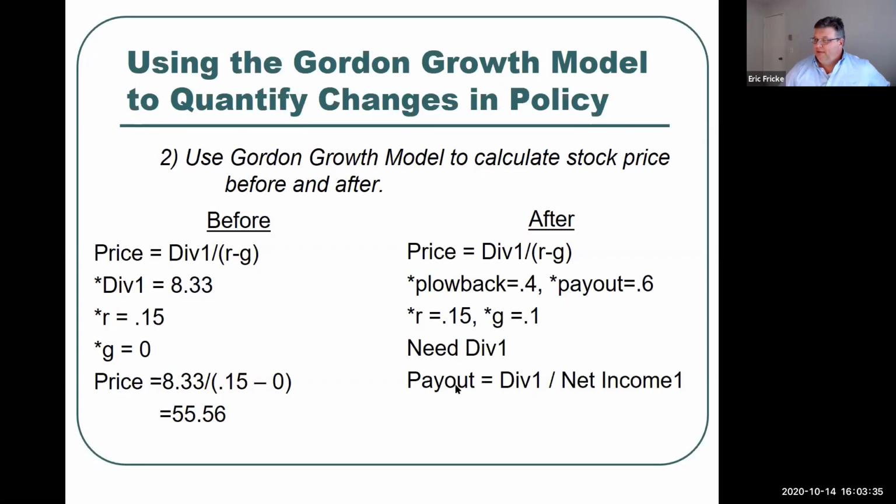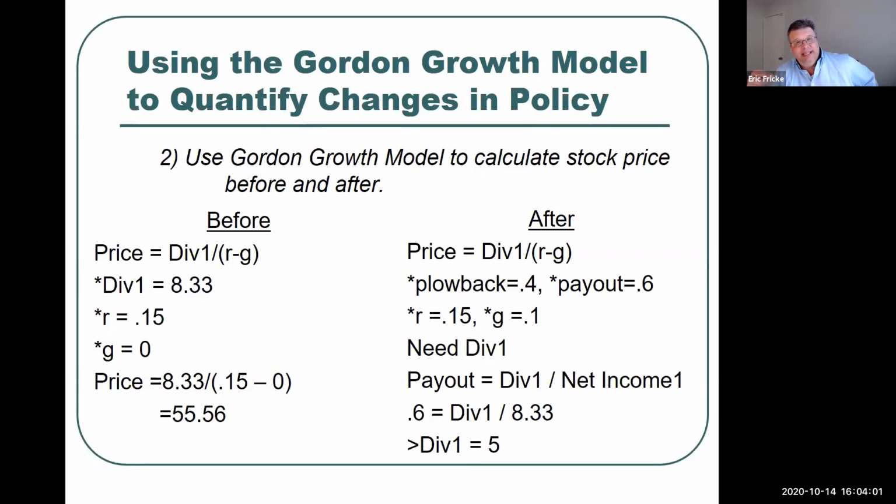If we plug in what we have, we know the payout ratio is 0.6. We don't know the dividend, but we know the net income at time 1 is 8.33. So with a little bit of algebra we can solve for the dividend at time 1, and we get it equal to 5.